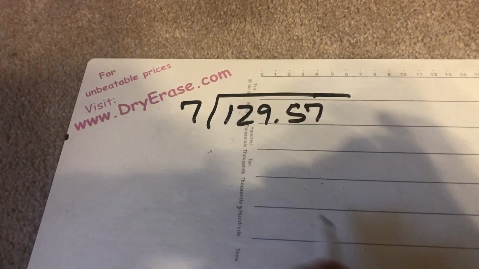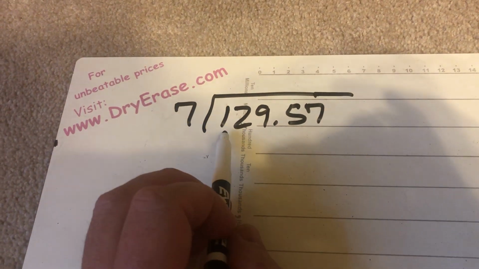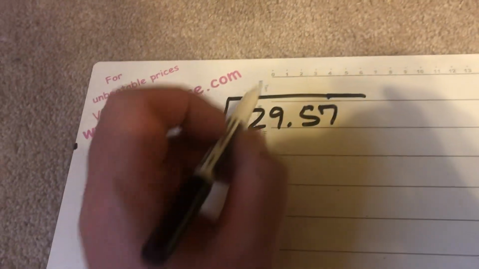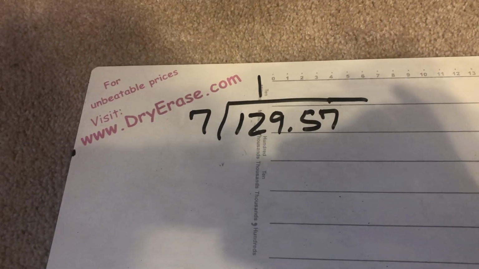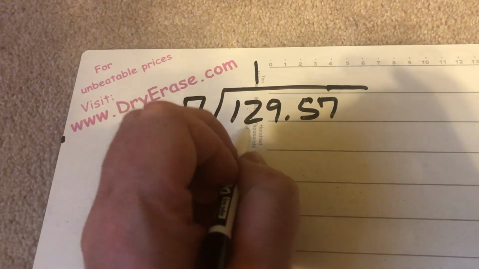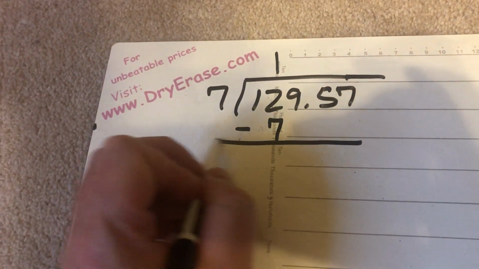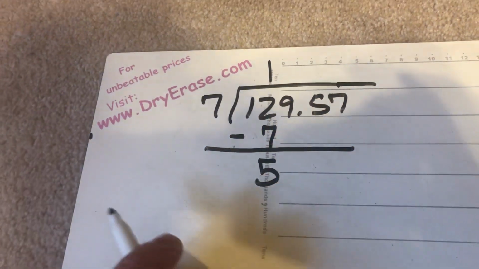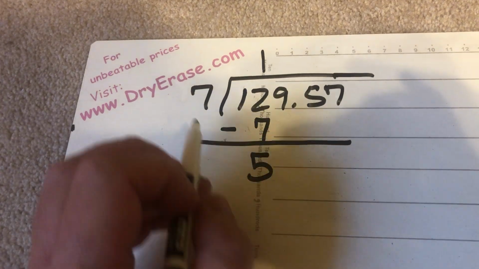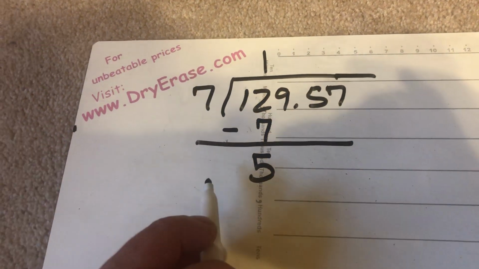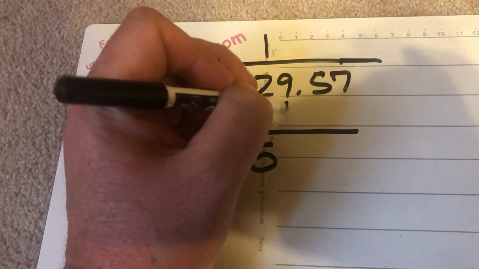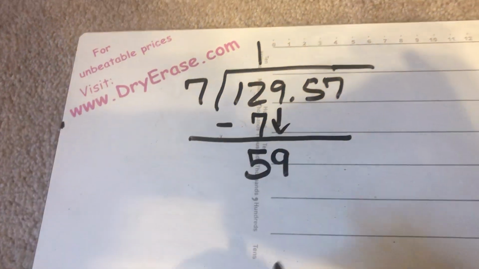129 and 57/100 divided by 7. Well, 7 cannot go into 1, but 7 can go into 12 one time. And 1 times 7 is 7. And 12 minus 7 is 5. And I like that because 5 is less than 7. So then I go ahead and I bring down the 9.